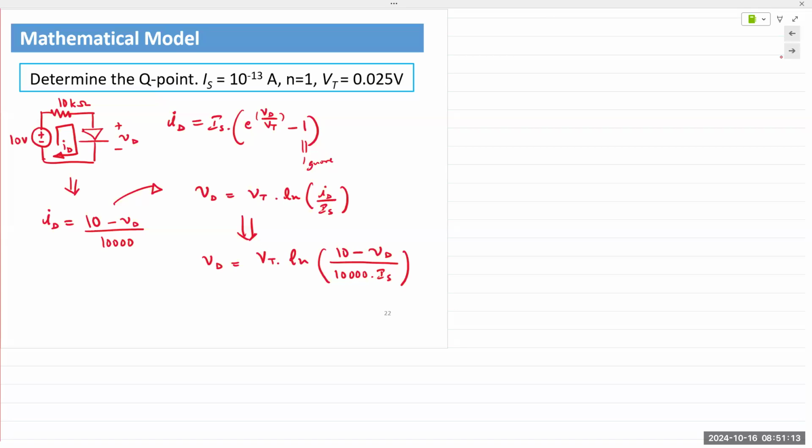Yet, we cannot actually solve it. There is no closed form answer for this equation. It's a transcendental equation, a log with e raised to a power, so there is no closed form single solution for this. So we have to perform an iterative analysis, kind of similar to that flowchart. We pick a value for VD, we solve it, we input it in this equation.